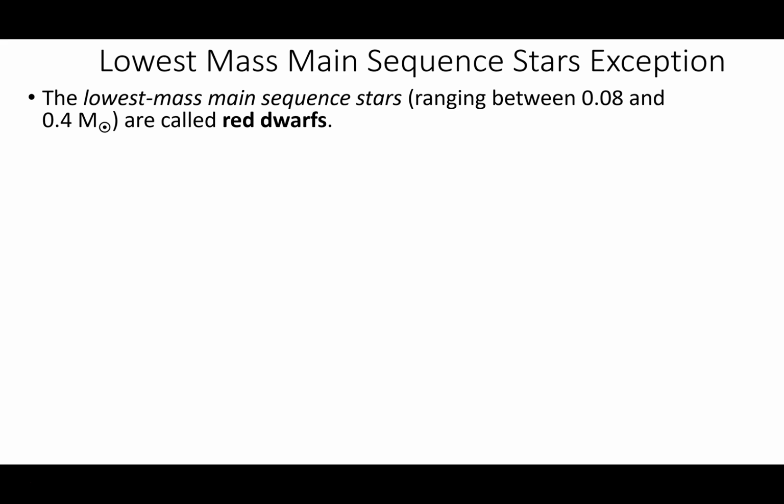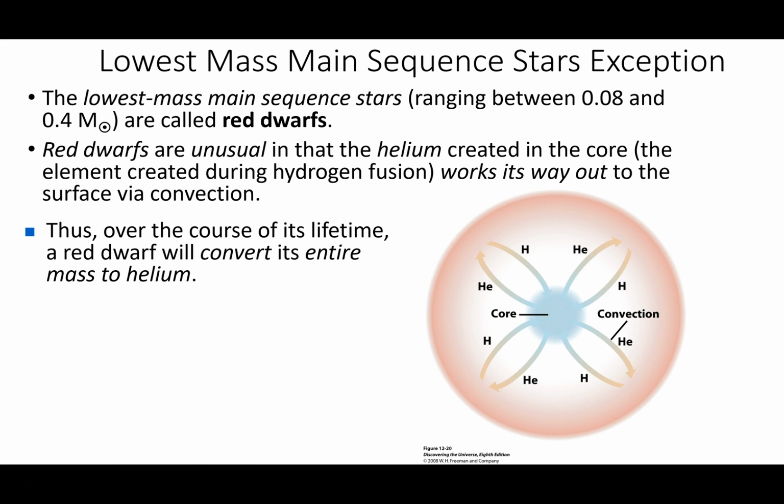When you write down OBAFGKM, oh, I missed the G, this is the hot blue stars, and these are the cool red stars. So the red dwarfs, actually red dwarfs have to be larger than 0.08, but they get to be up to about 0.4. So these guys right here do something different.